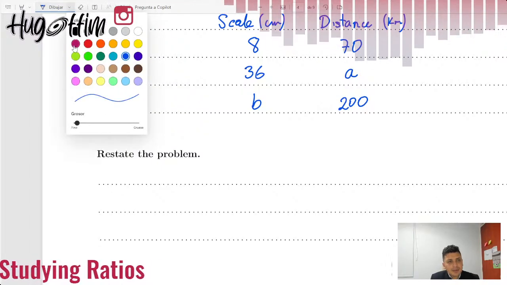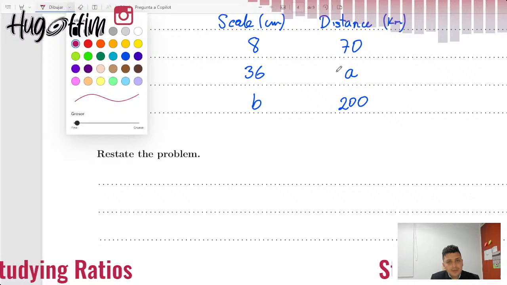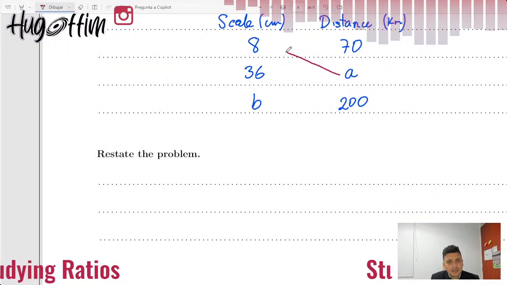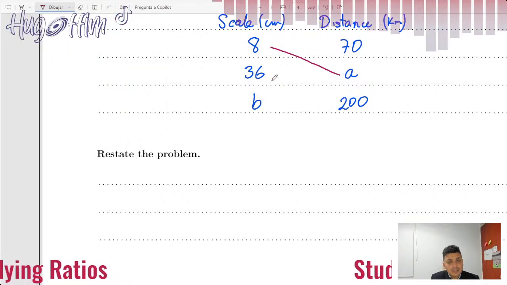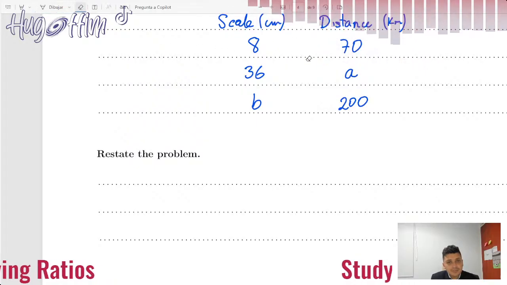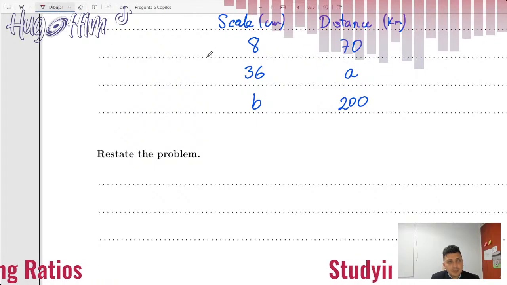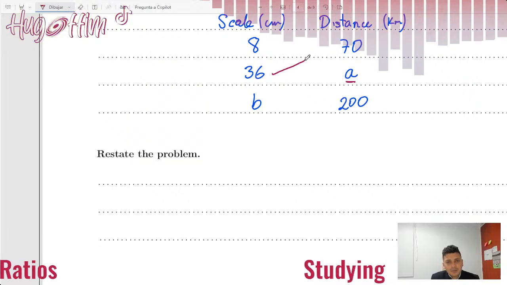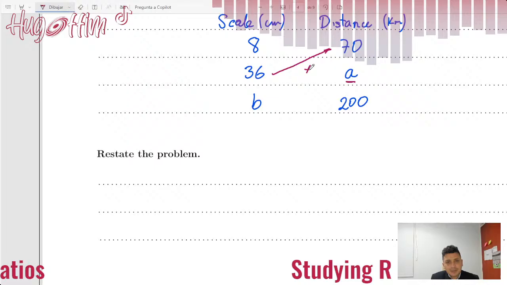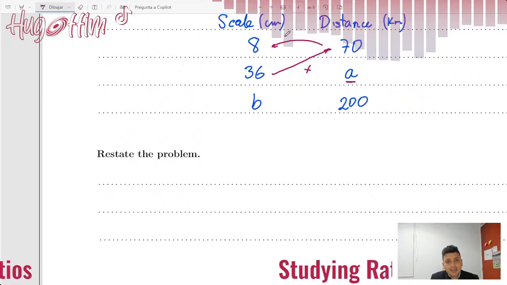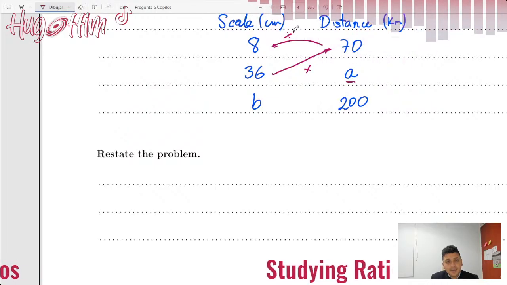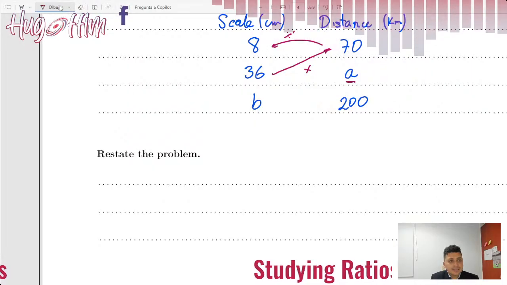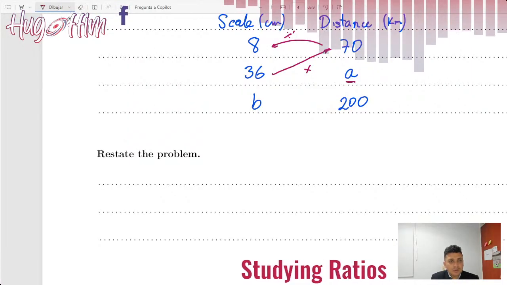To get A, I want the opposite to my variable A. I'm going to multiply 36 times 70 and divide by 8. This is how I get my variable A.